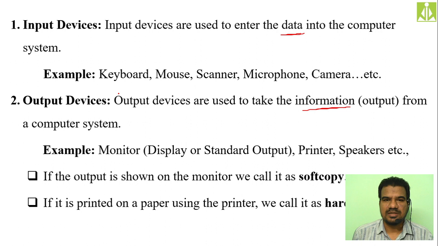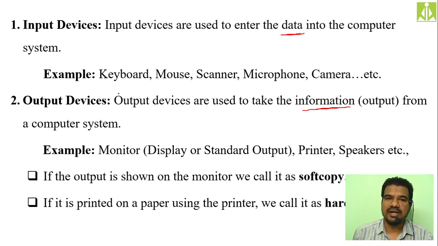Suppose I have given the notes to you for preparation, and those notes in the form of PDF files only I will give. So if you have downloaded that PDF file from the internet and stored it in your mobile phone, that PDF file is nothing but the soft copy. But at some point you feel that having the soft copy is not sufficient, and it is not proper to do the preparation.